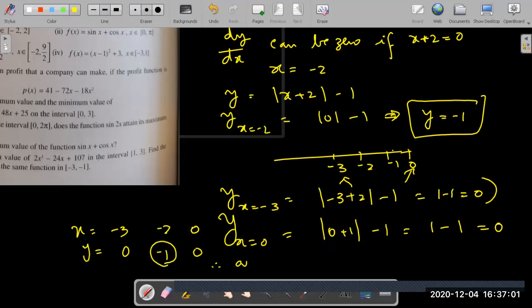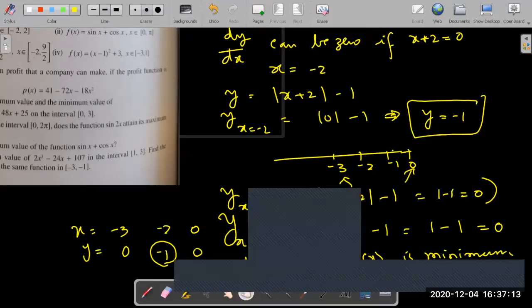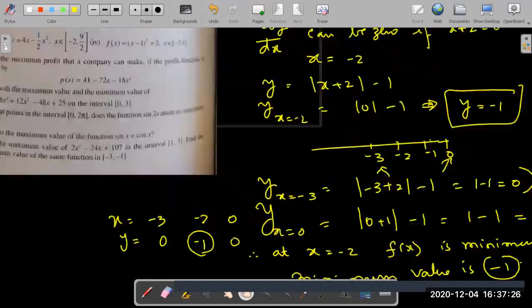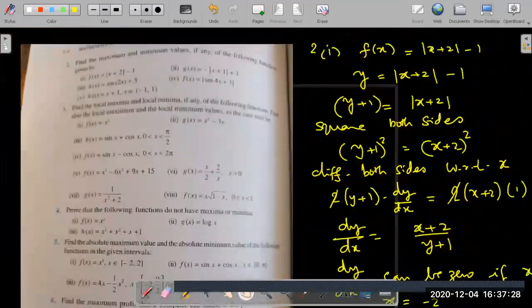Therefore, at x equal to minus 2, f of x is minimum, and the minimum value is minus 1. So that's the answer for the first one.